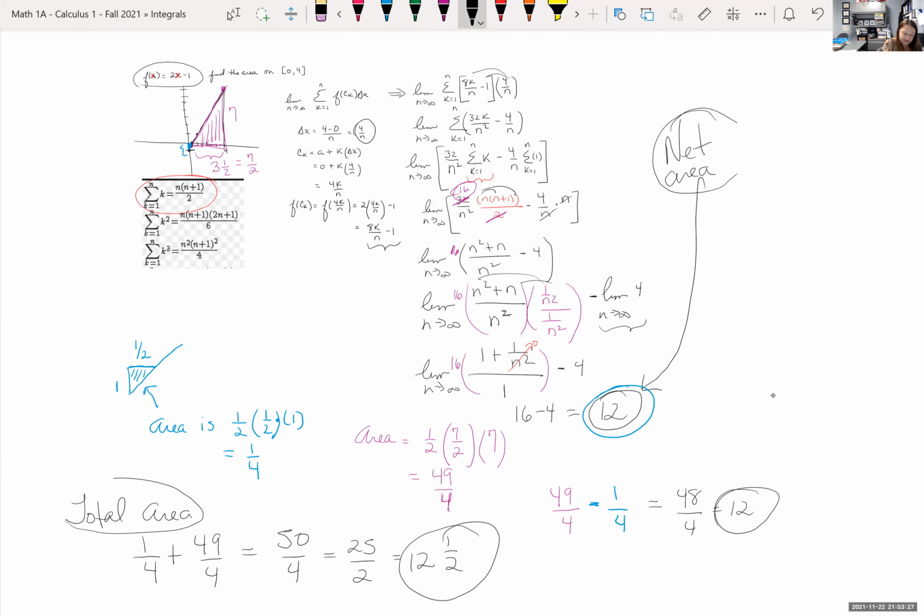Okay, so there's a difference between total area and net area. And that's why before, when we were talking about area, that function f of x had to be above the x-axis.